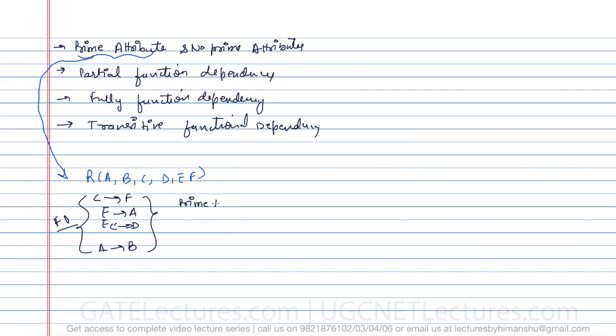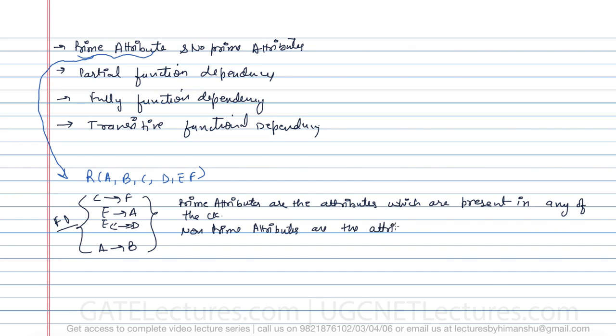Prime attributes are the attributes which are present in any of the candidate key, and non-prime attributes are the attributes which are not present in any of the candidate key.